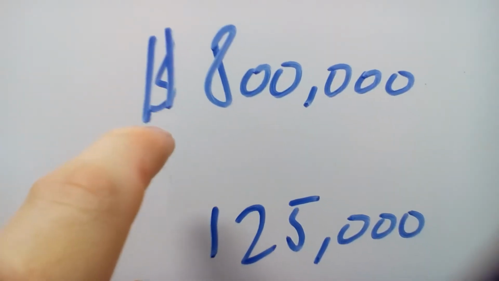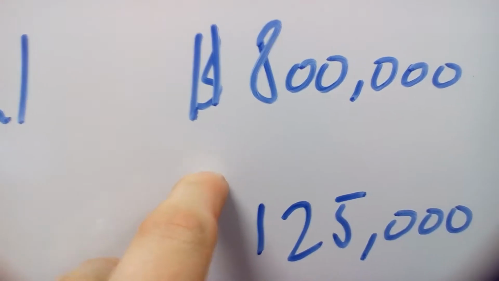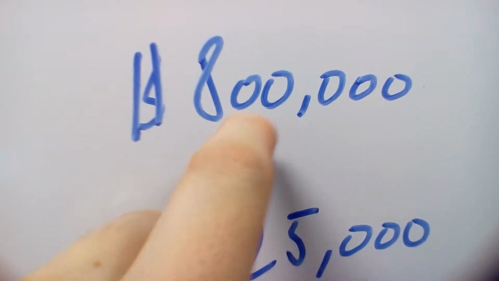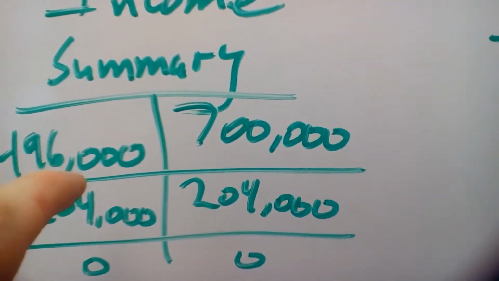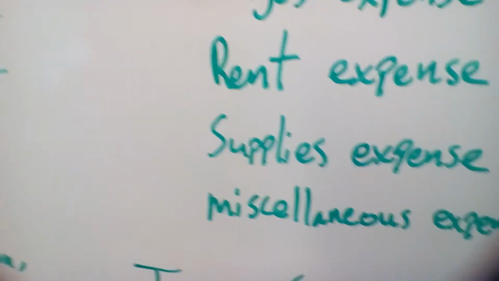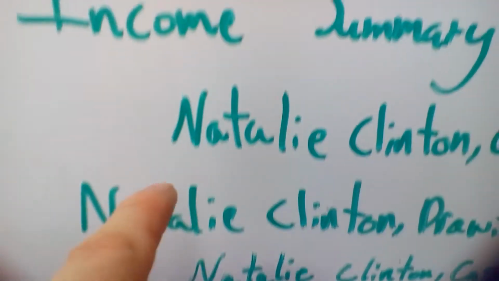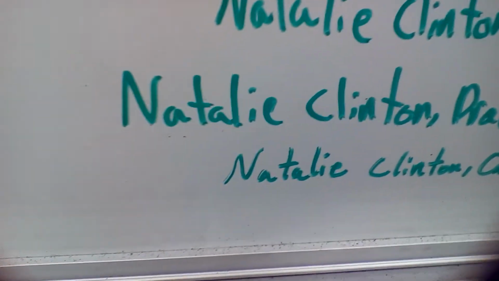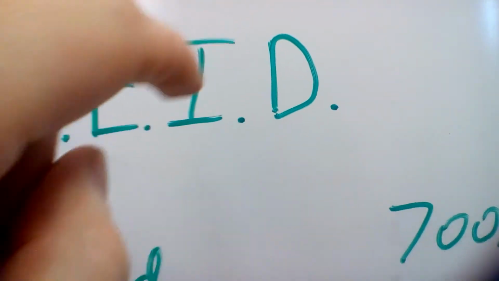Our capital account would now be $1,004,000, because 800,000 plus 204,000 is $1,004,000. That's where that entry would go, and that way we zero out that account. Here's the entry: we debit income summary for the leftover 204,000, and we credit Natalie Clinton capital for 204,000.